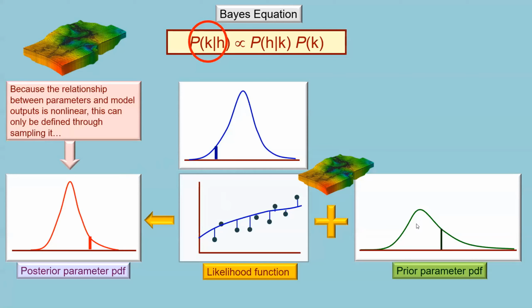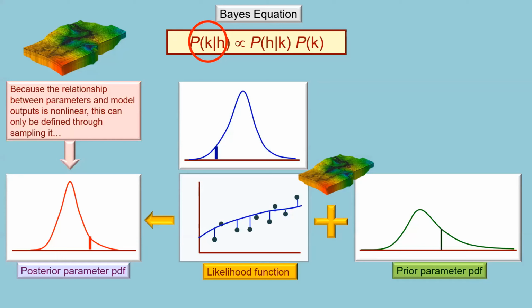We may have an equation for the prior. We may have an equation that describes the likelihood function. But because our model is nonlinear, we will not have the luxury of being able to associate an equation with the posterior parameter probability density function. We can only learn about it by sampling it.